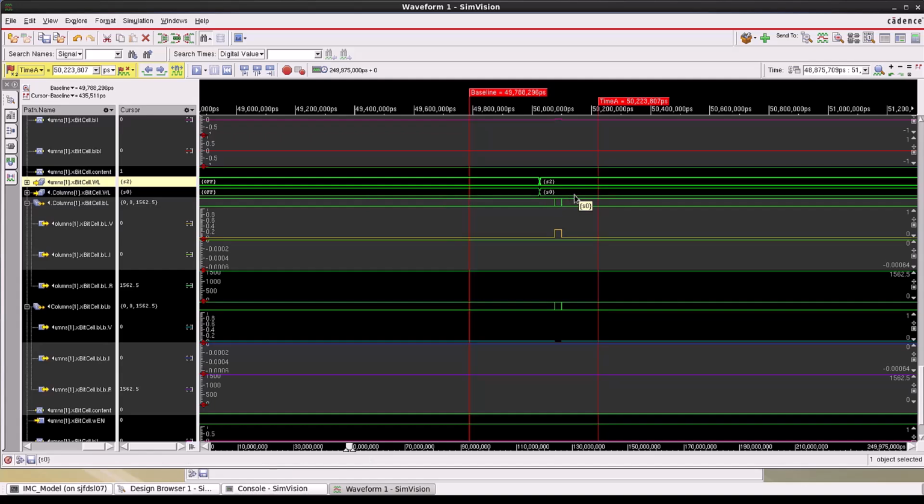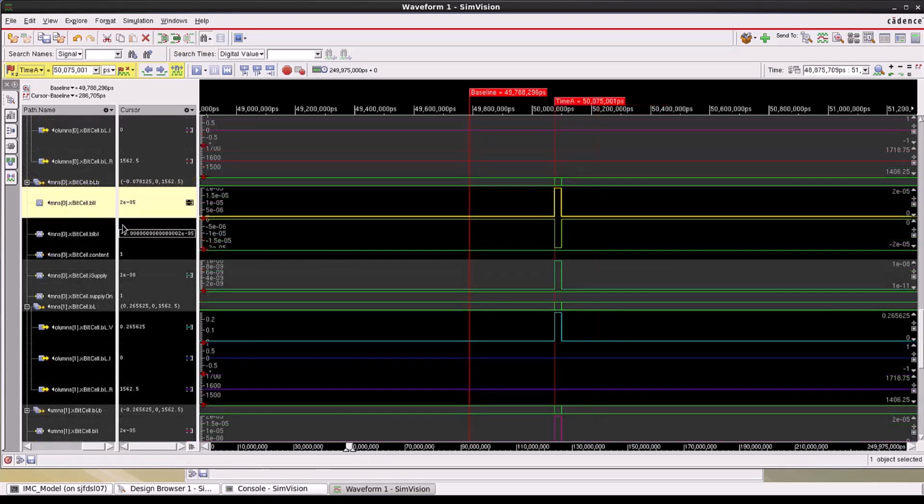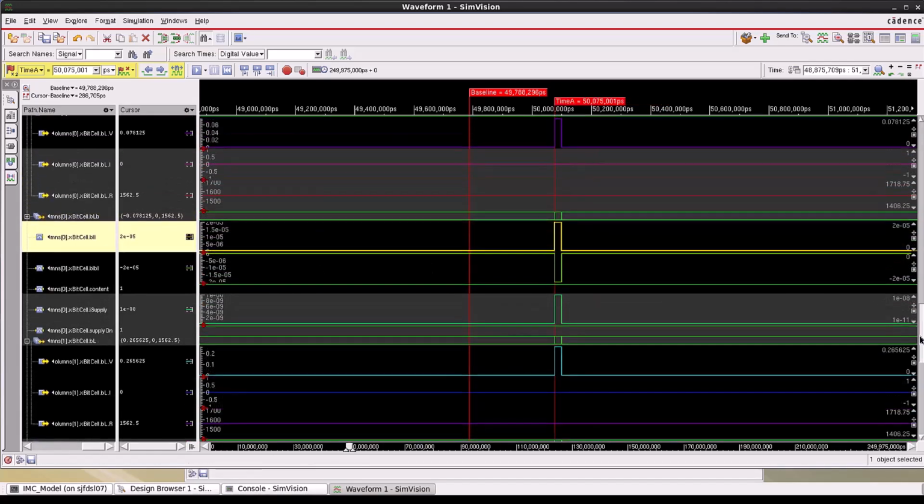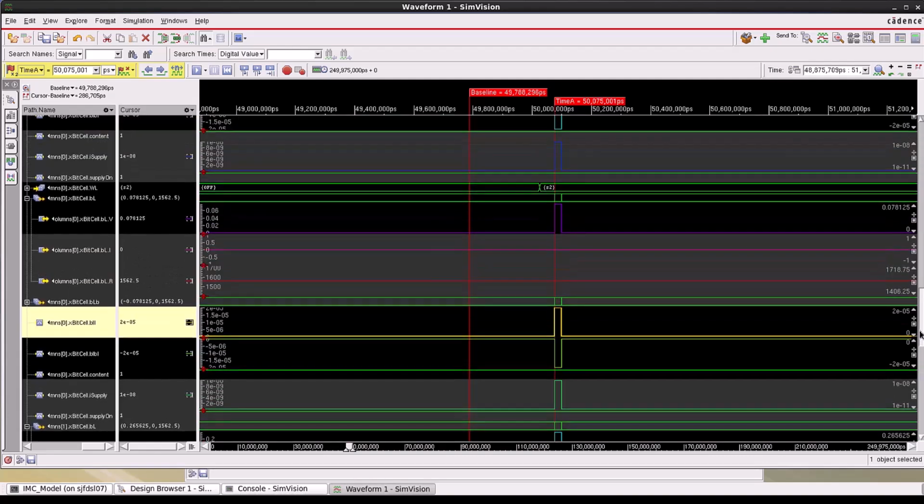The DAC is putting out that value, and it goes down into the bit cell, where we'll see that depending on the value of the contents and the value of the DAC output, we get a different amount of current being driven onto that bit line.